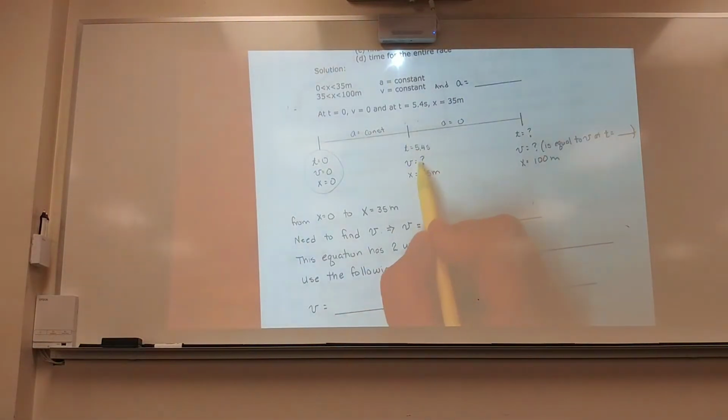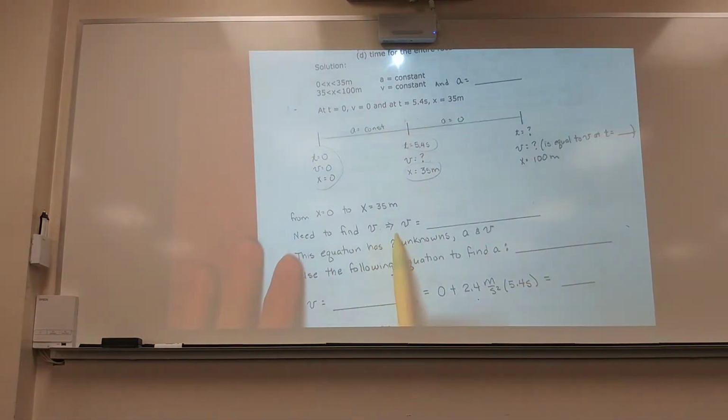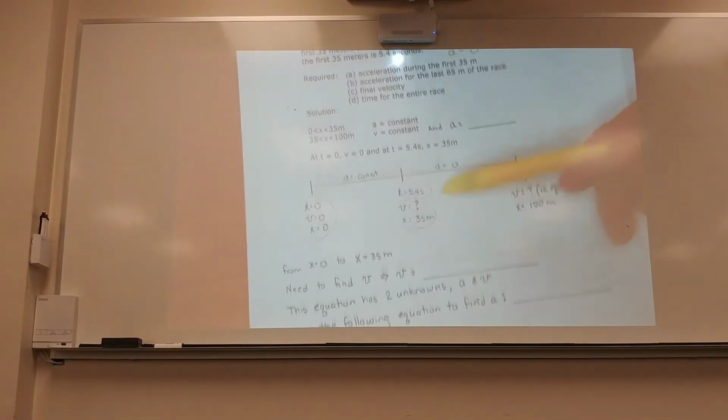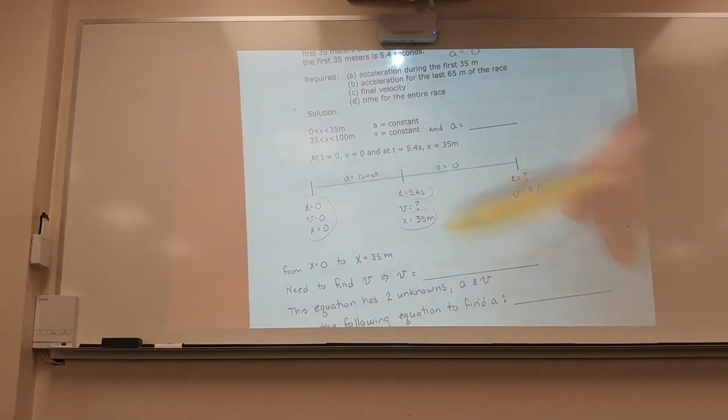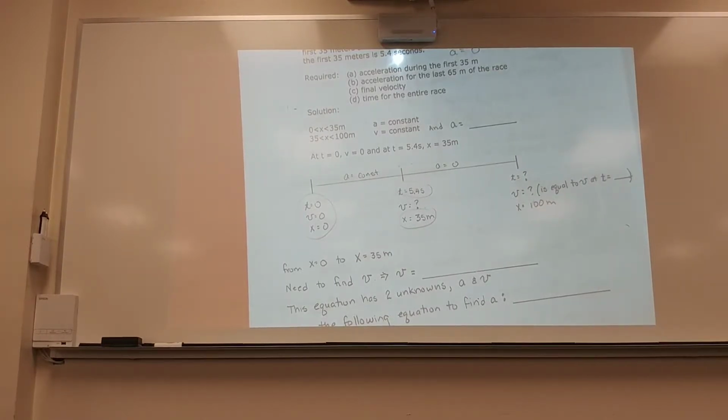When we get to 35 meters, the time is 5.4 seconds, but we don't know the velocity. So we need to find the velocity, and since we know the time and the position, with those 3 equations we should be able to figure it out.